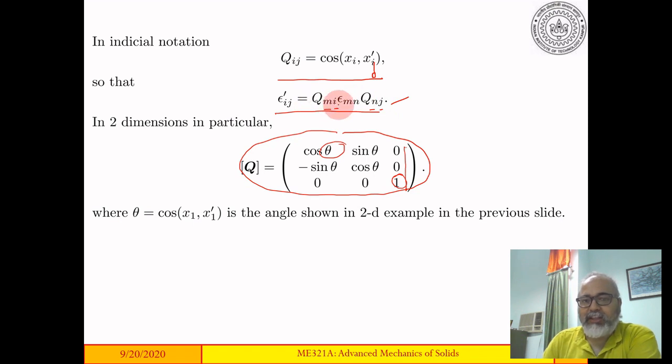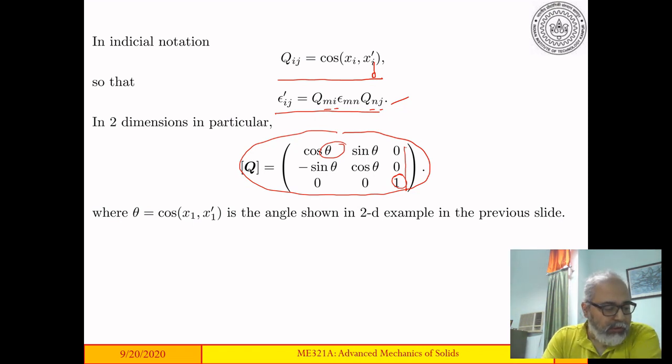So all the Q's have the indices of the old component first and the indices of the new component after that. So if you had used a reverse convention here in Q, then this will be IM and JM. So you can use either, but you have to use it consistently.